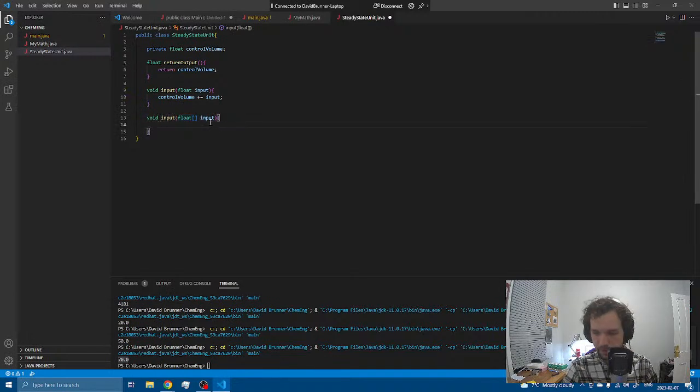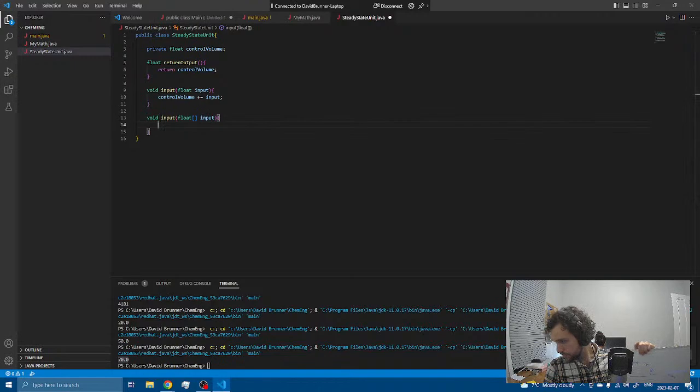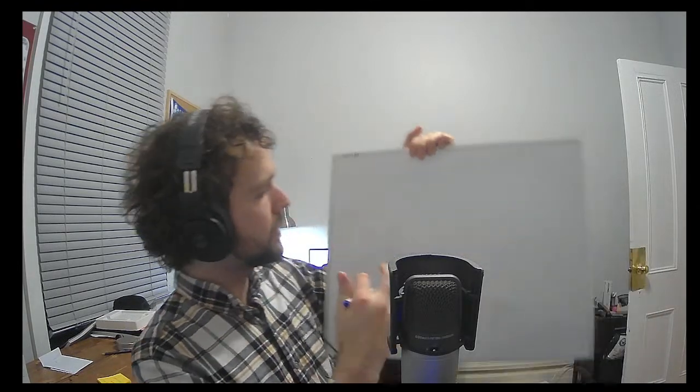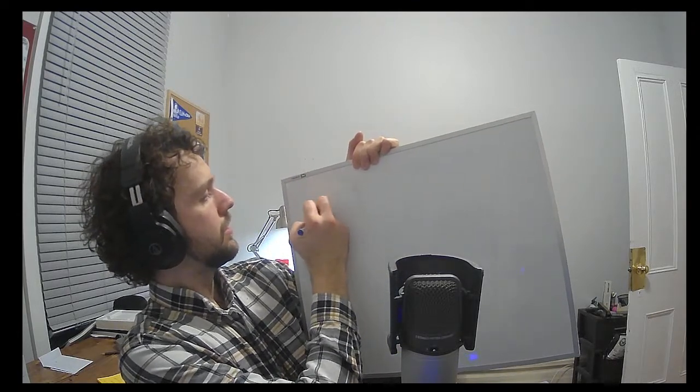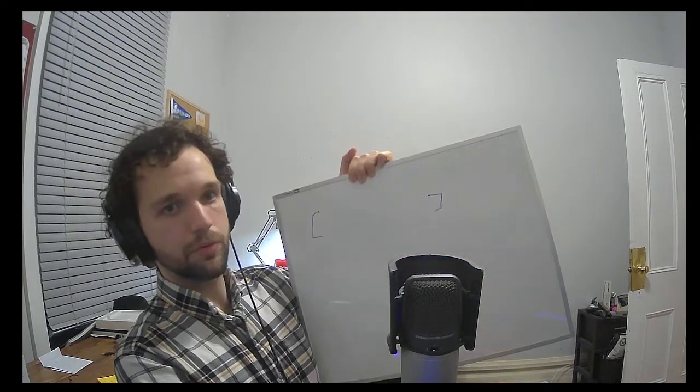So an array is basically a way that we can store a bunch of different values together. If we have an array of floating point numbers, basically we have an array of items that we can put in here.